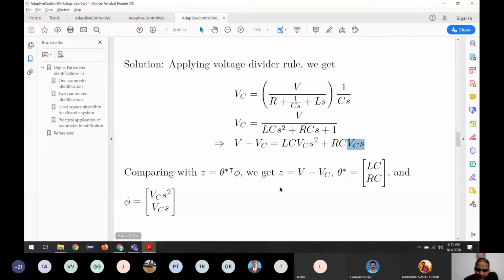So now we can see it is in the matrix form. So Z is equal to theta star transpose times phi; theta star is a 2 by 1 matrix. If we transpose it, it will become a 1 by 2 matrix. 1 by 2 times 2 by 1 gives a 1 by 1 matrix, which is Z. So the result of the multiplication is a scalar, but the coefficient and the phi are vectors.